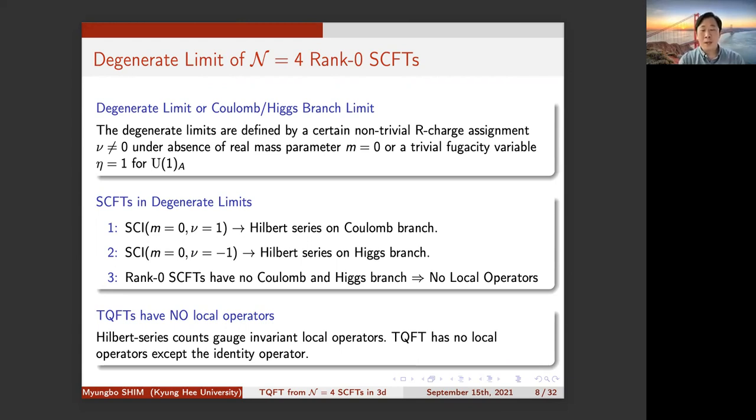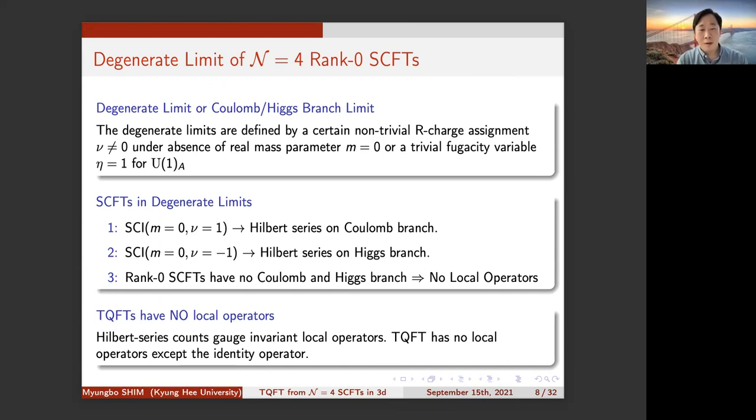Taking plus or minus 1 for nu, and considering zero real mass parameter or trivial fugacity variable eta for the U(1) axial symmetry, defines the degenerate limit, or Coulomb-Higgs branch limit.